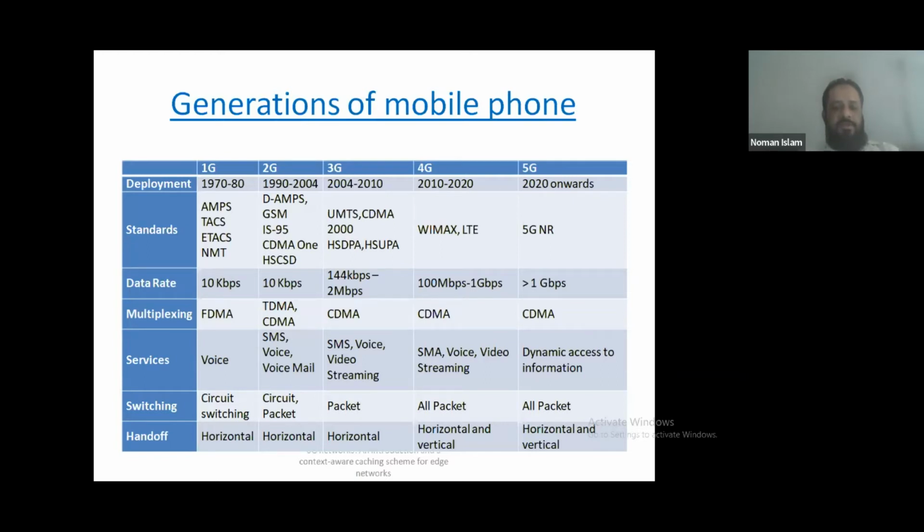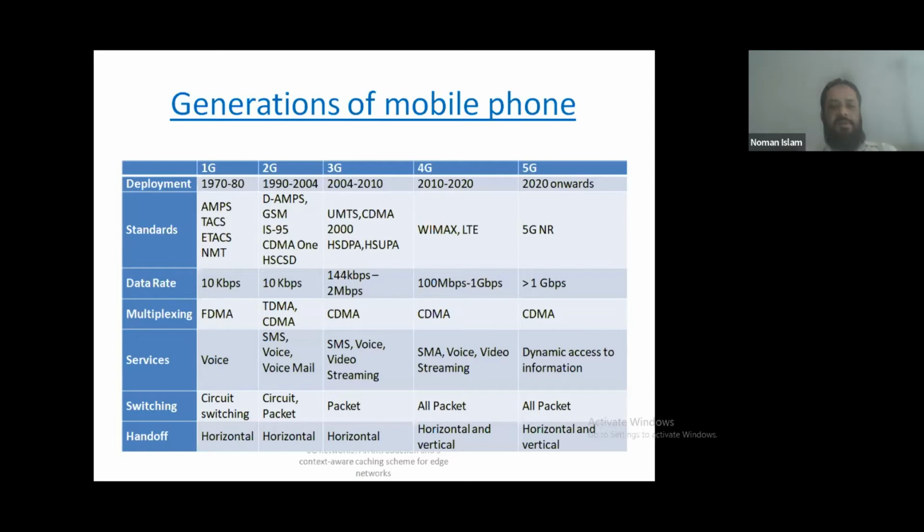In the first generation, we were expecting voice service, then SMS was introduced, and similarly, multimedia contents are now being used over the cellular network.